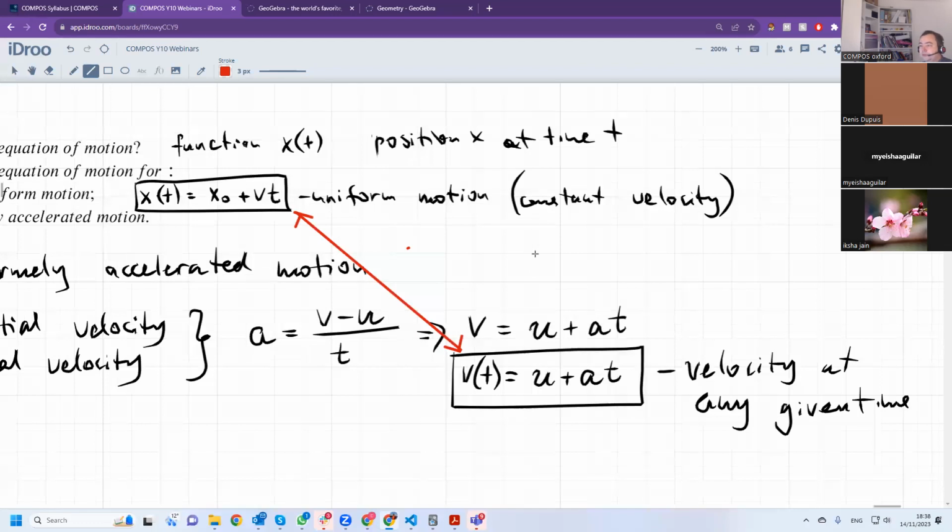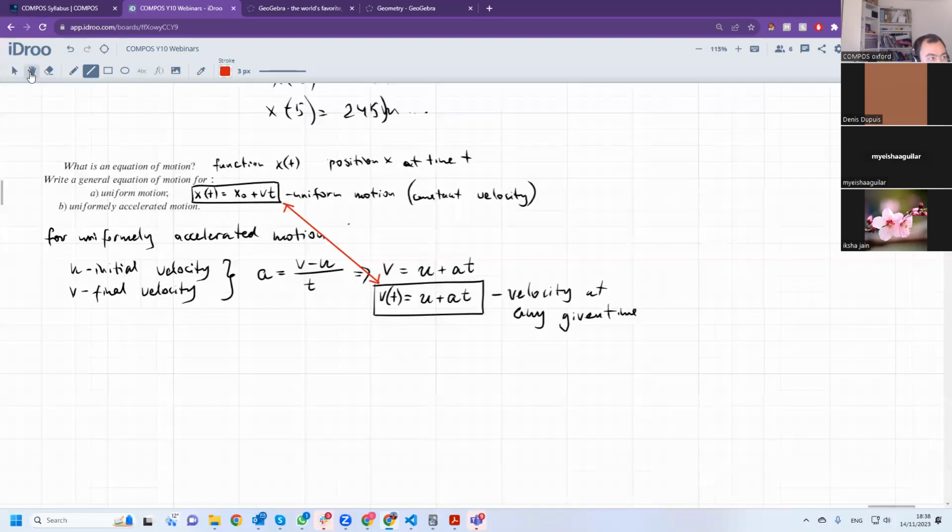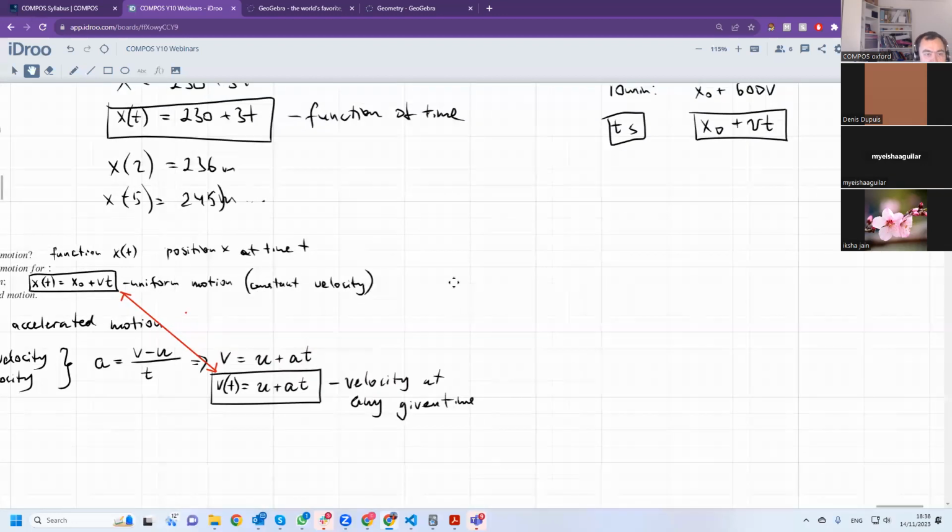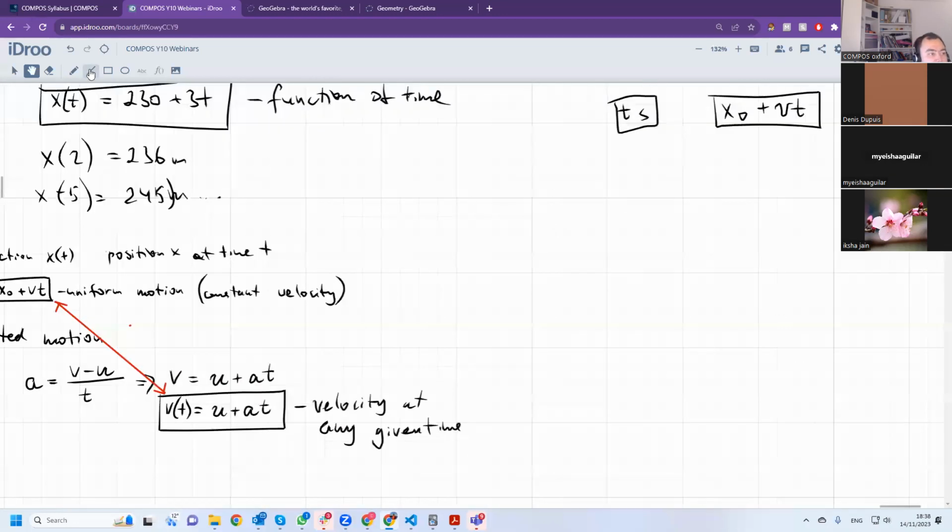What would the graph be for uniformly accelerated motion? Well, a graph, depending on what you're trying to achieve. So that's a good point. Let's draw. Now, the first one, this is x, the position with respect to time, and this is time.